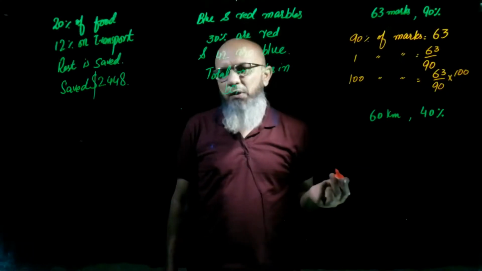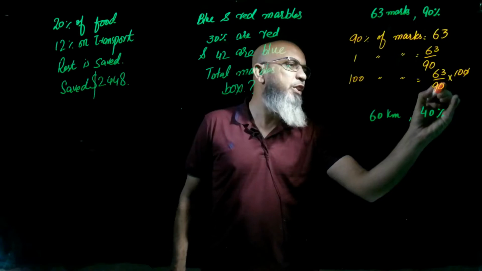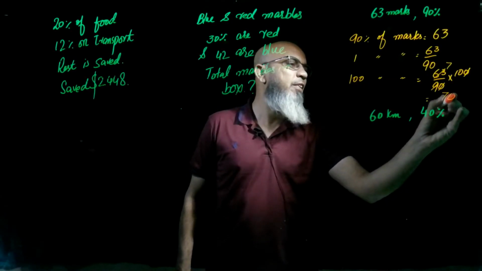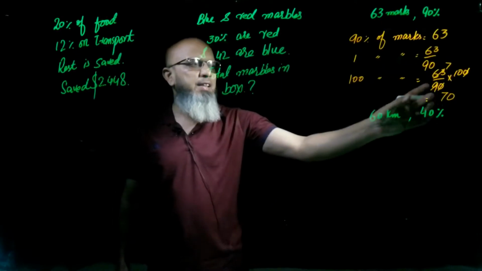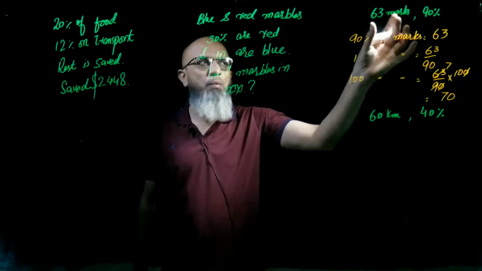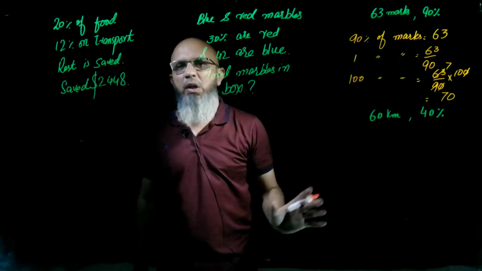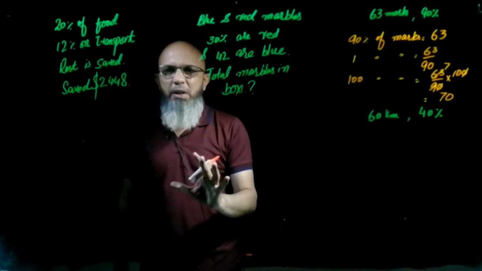Now you can simplify it very easily. 0 cuts with 0, and 9 7s are 63, so 7 10s are 70. So the total marks of the test is 70, out of which he obtained 63 marks, and that is 90% of the total marks. In this way we will solve the remaining questions.